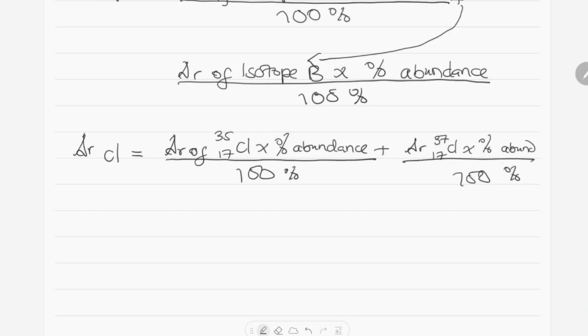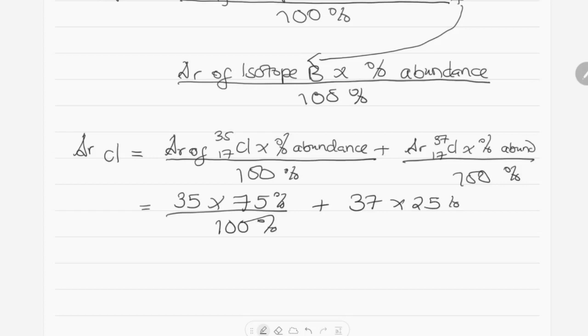So when we substitute, the first one will be 35 multiplied by the percentage abundance, which is 75%, divided by 100%, plus 37, which is the relative atomic mass of isotope B of chlorine, multiplied by the percentage abundance, which is 25%, divided by 100%.